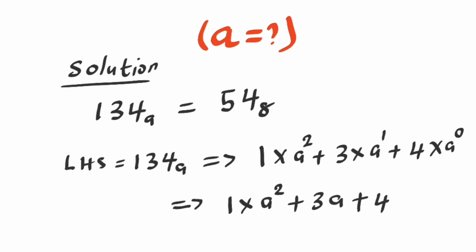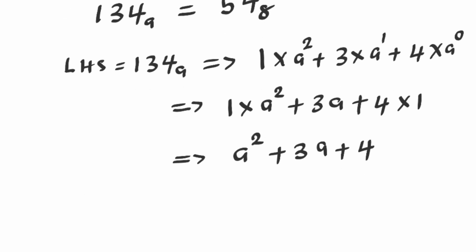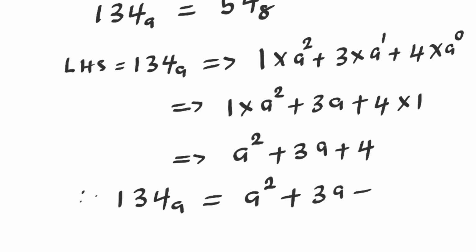That is 4 multiplied by 1. 1 multiplied by a square plus 3a plus 4 multiplied by 1, 4. Therefore, 134 base a in base 10 is equal to a square plus 3a plus 4.